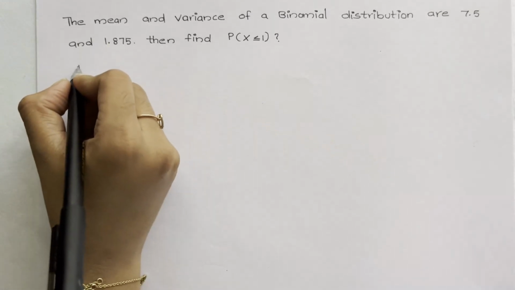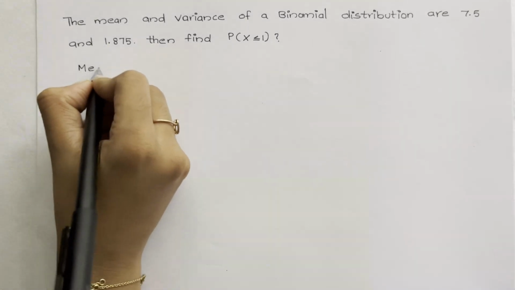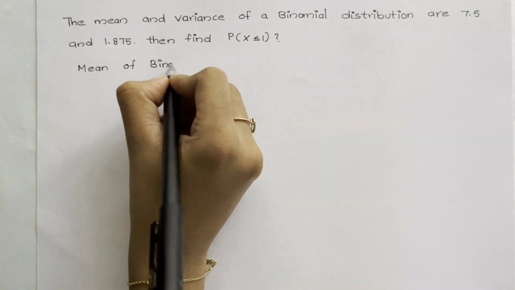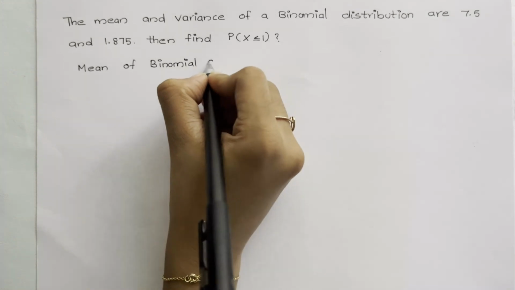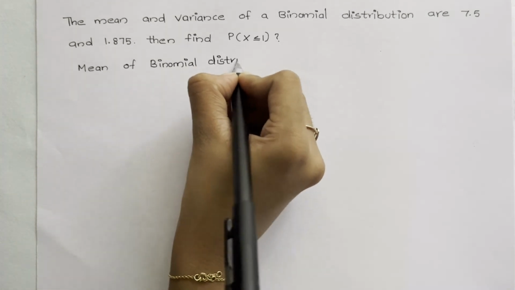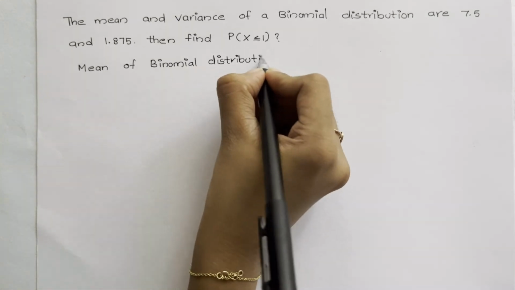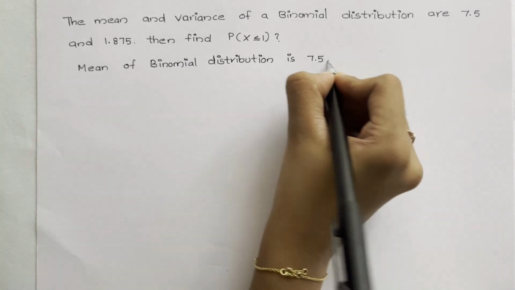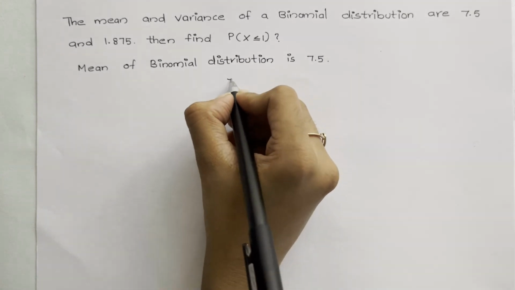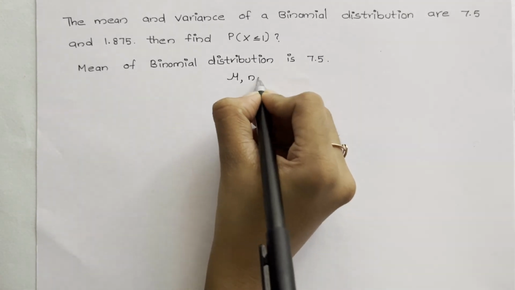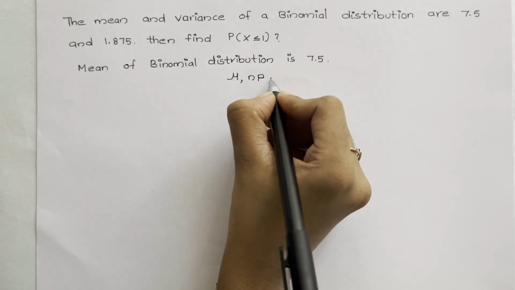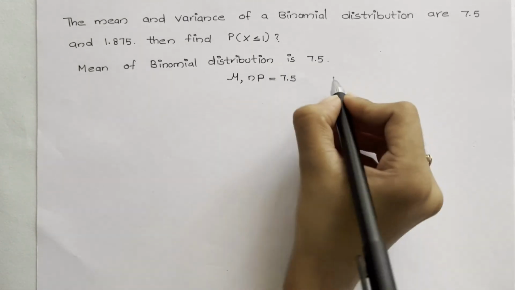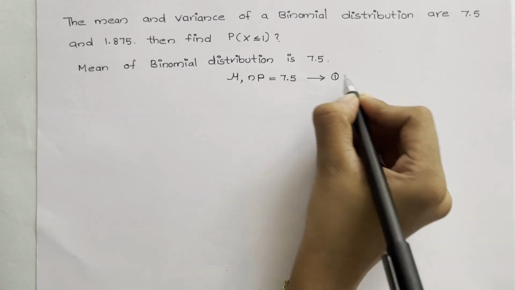Here given that the mean of a binomial distribution is 7.5. We know that mean of binomial distribution is calculated as np equal to 7.5. This is equation number 1.